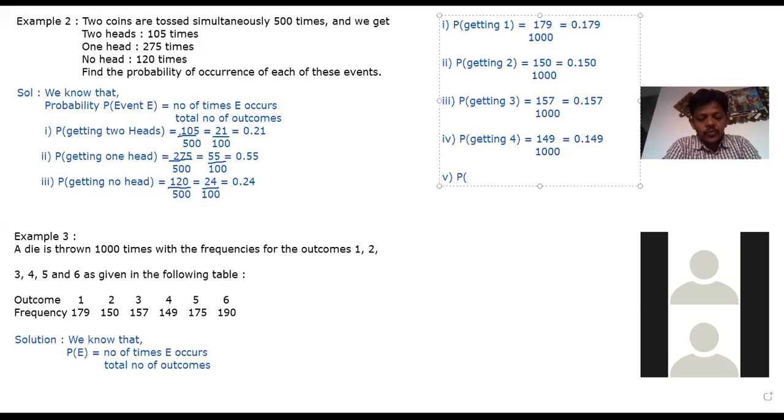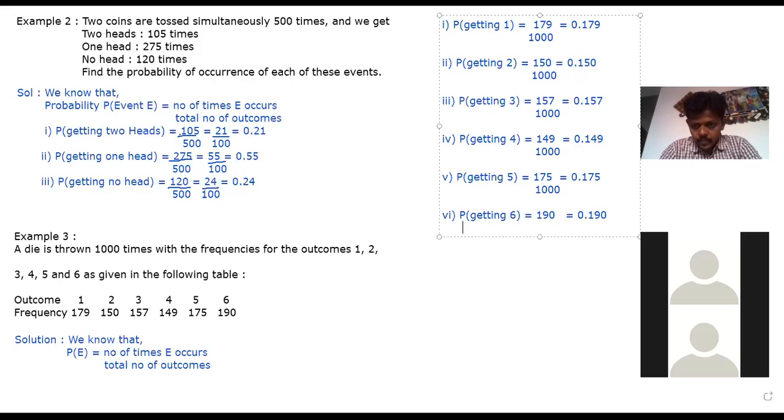Complete this, then I'm going to ask you something else on this also. P of getting 5. Yes or no? Yes, sir.